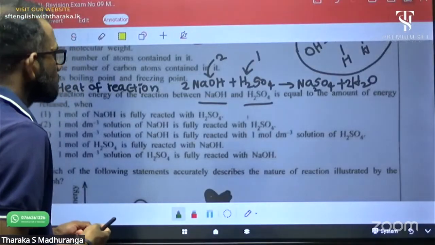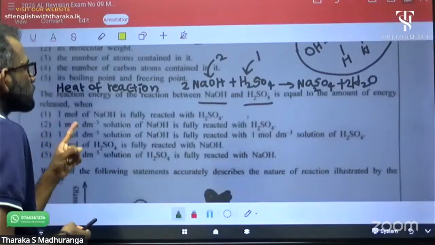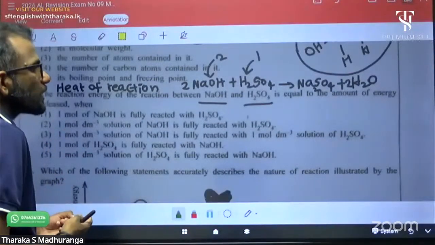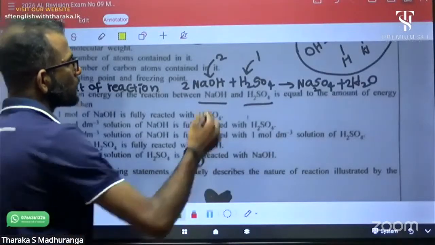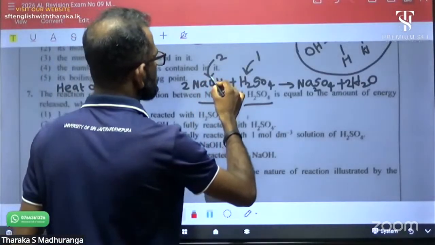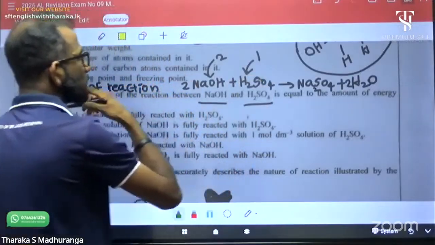Now let's see. 1 mole of sodium hydroxide fully reacts with sulfuric acid?